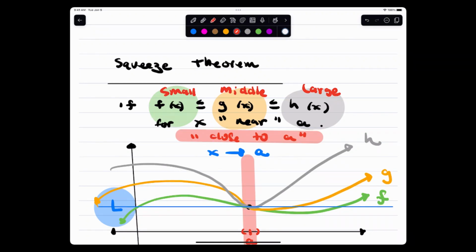You're not going to be able to come up with a small function and a large function, generally speaking, that this happens for and find limits. They kind of want to notify you about this very special and powerful theorem, but it's highly set up, where they set it up for you very nicely.